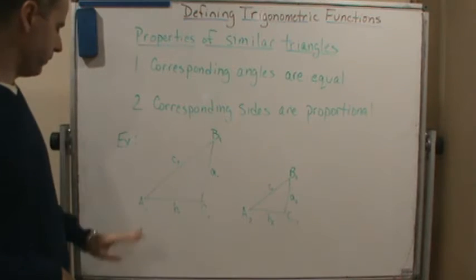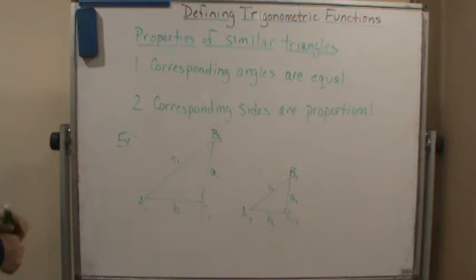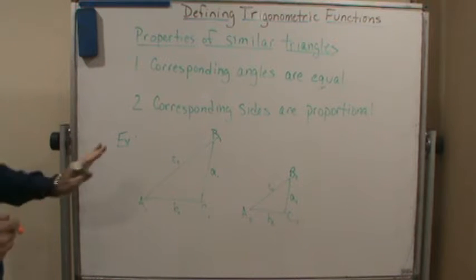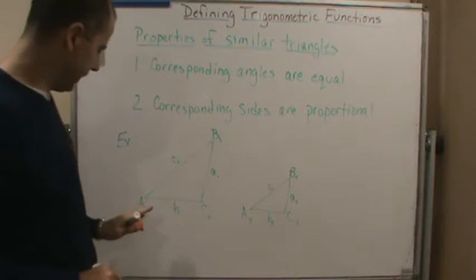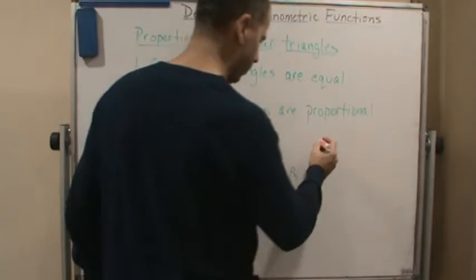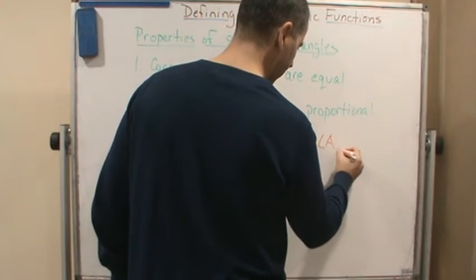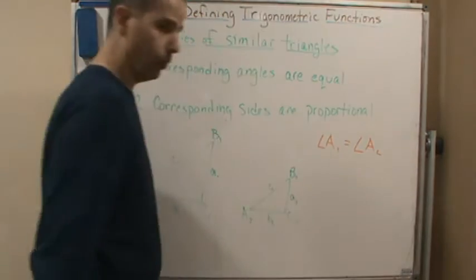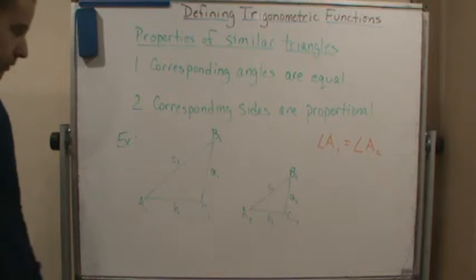Okay, so for example, if we look at these two triangles and we say, okay, these are two similar triangles, what do we know about this? Well, we know that angle A1 is equal to angle A2, or what we mean by congruent, right?